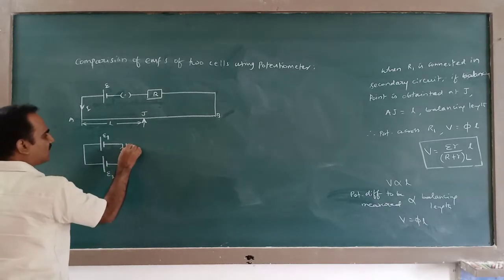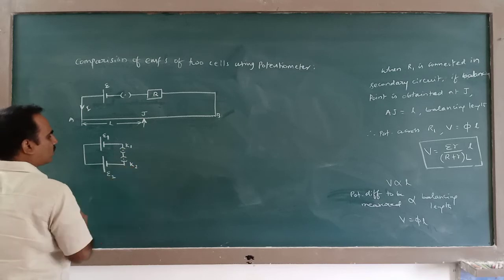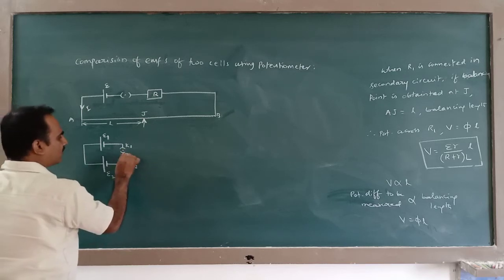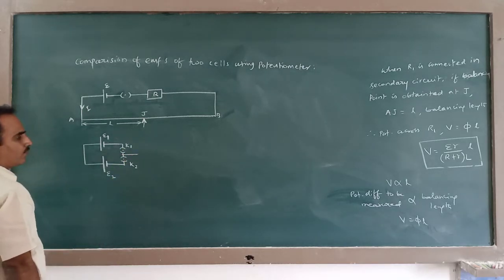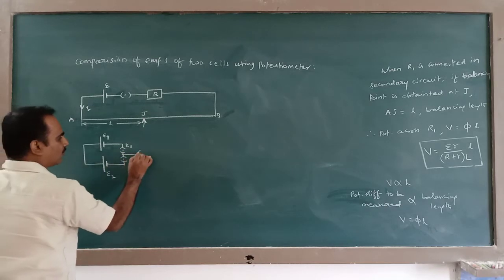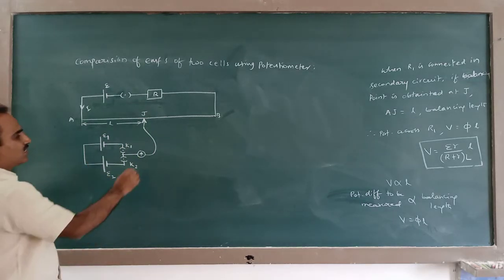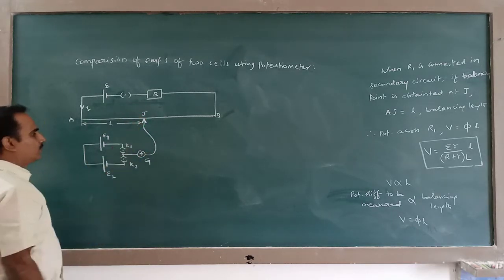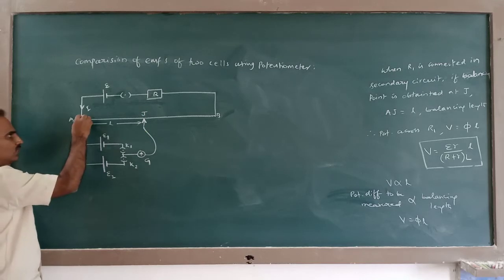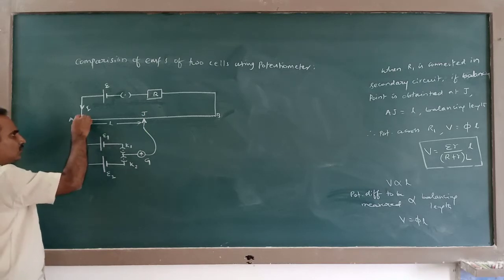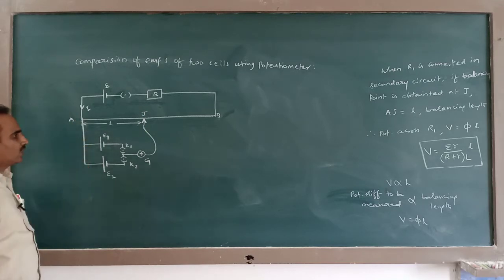This key is K1, this key is K2. Here there will be a connecting terminal. You connect a sensitive galvanometer to this, and the other end of this galvanometer is connected to a jockey. And the positives are connected to the end A of this potentiometer wire. This is the circuit.